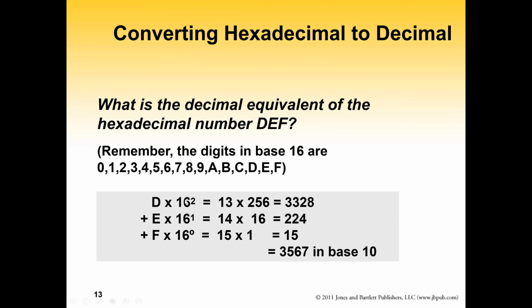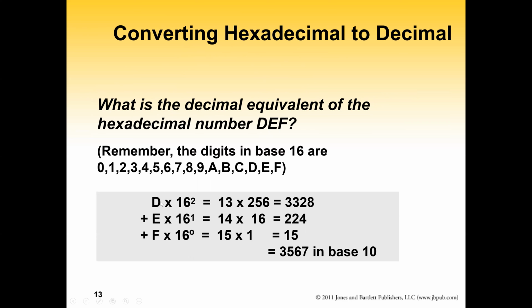So here we get D times 16 to the power 2. Why 16 to the power 2? Because D is in the third position, so the exponent will be 3 minus 1. E is in the second position. The same steps apply: converting binary, hexadecimal, or octal to decimal, the steps are the same. What changes is the base value.